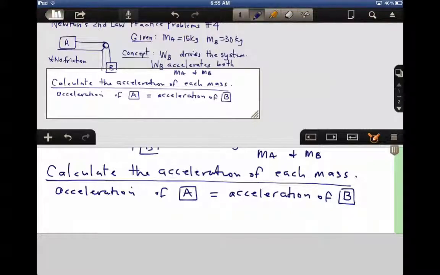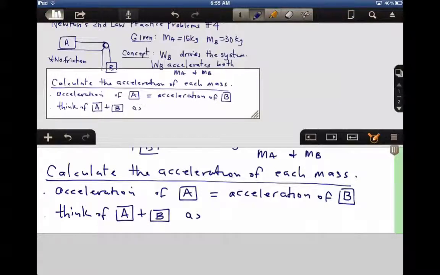So I could actually think about them as a combined object, as a single 45 kilogram object.